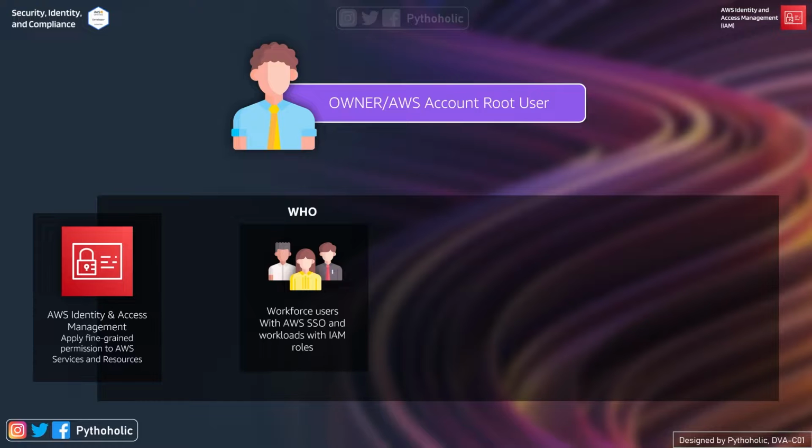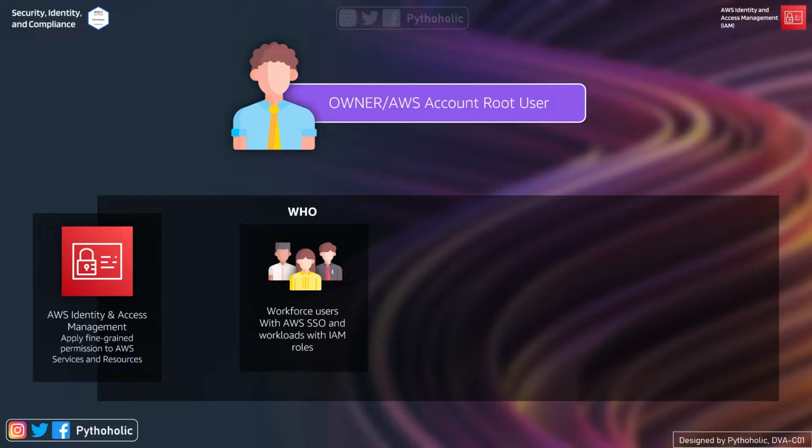If you are a user on IAM, you can log in using your credentials or by using single sign-on, federated login. And if you have the permissions to create an EC2 instance, you can surely go ahead and create it.